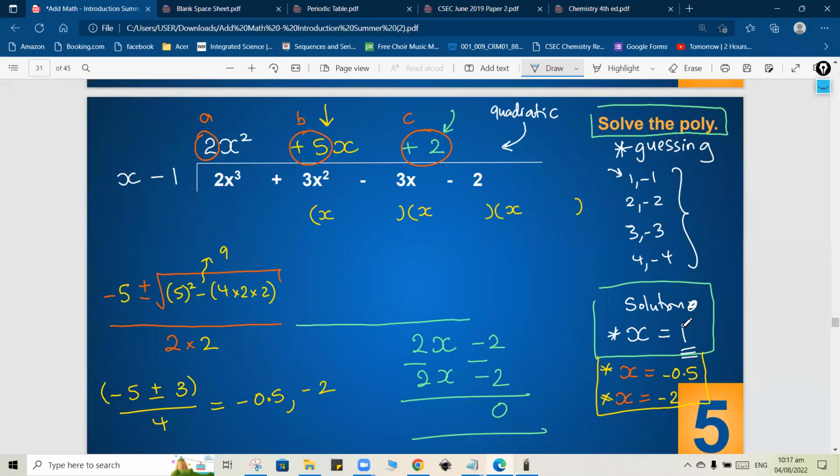So if one of these solutions is 1, you put minus 1. If one of them is minus 0.5, you make it positive 0.5. And if x is equal to minus 2, you make it positive 2. If you were to factorize this expression, you would get these 3 pairs of brackets.